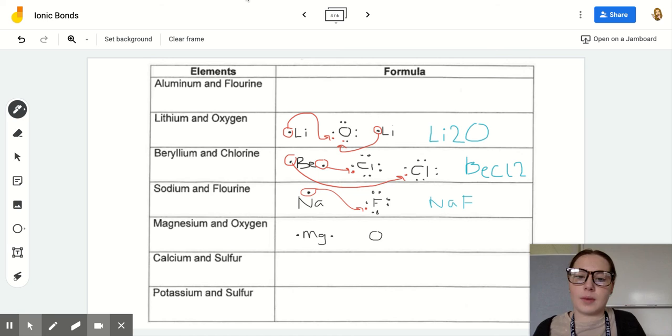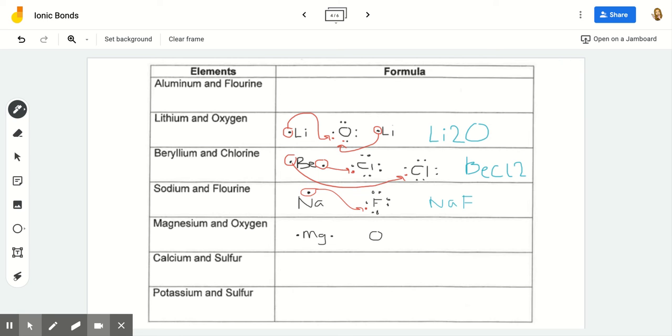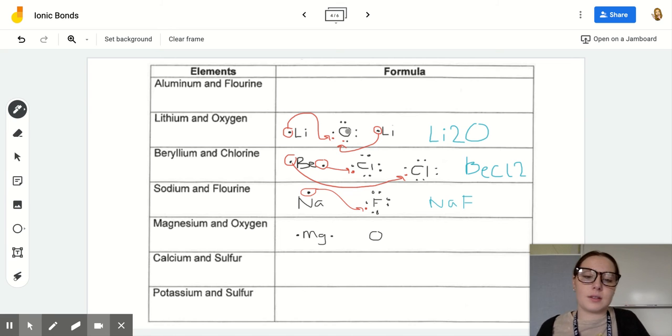Now oxygen. Oxygen is in the 6th column, so it has 6 valence electrons. So I'm going to draw 1, 2, 3, 4, 5, 6. Remember, you always want to start by doing 1 valence electron on each side of the element, and then you start making those pairs.